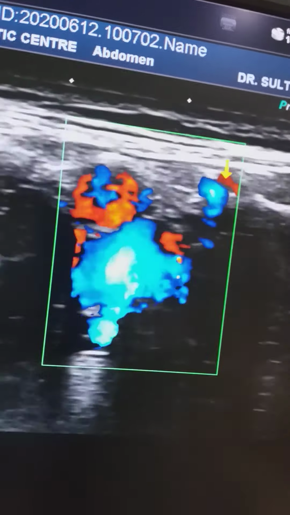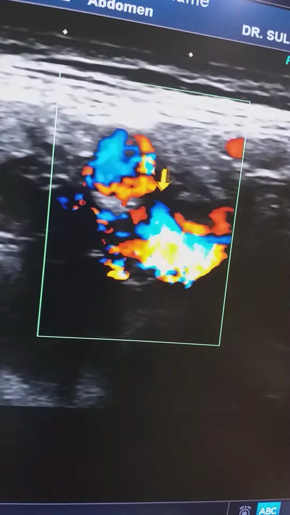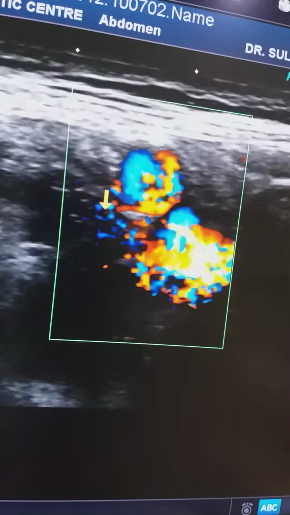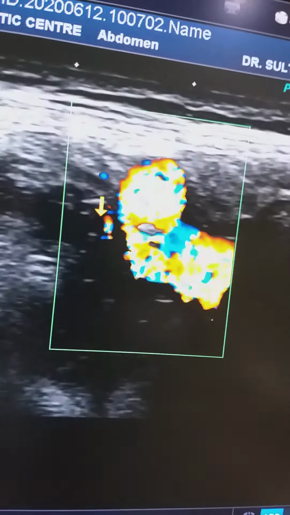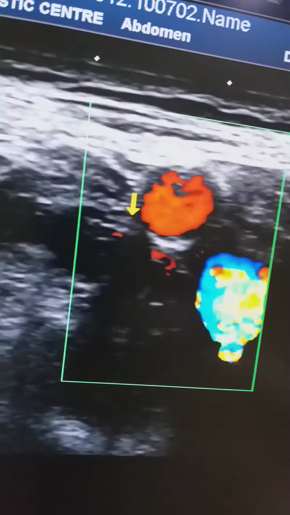Lateral to this one is where the deep ring of the inguinal canal occurs. So here we can appreciate the indirect inguinal hernia.